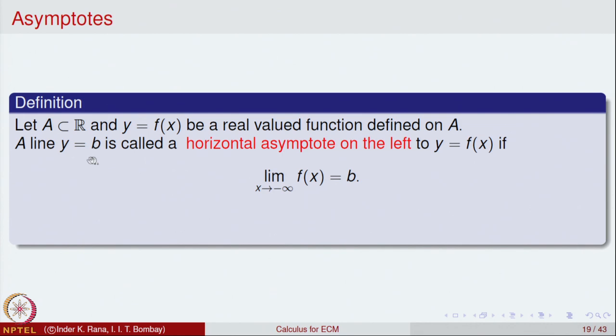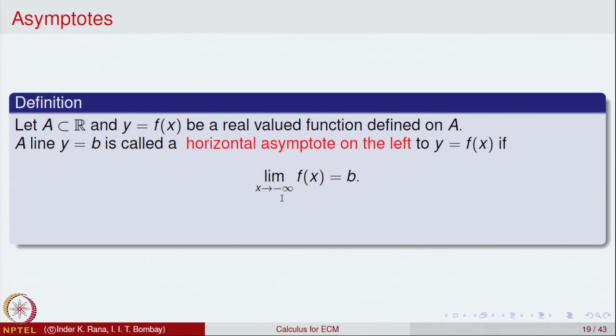As x becomes minus infinity, f of x is approaching b. So, you say y equal to b is a horizontal line. We say y equal to b is a horizontal asymptote on the left side, because x is going to minus infinity.